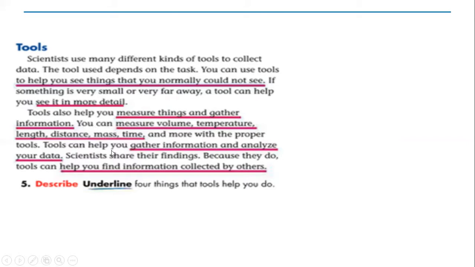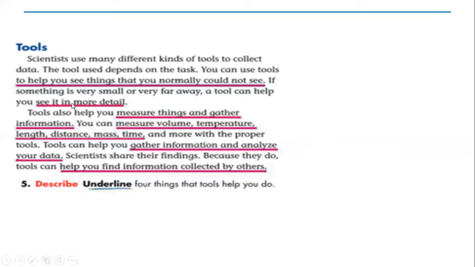Tools can help you gather information and analyze your data. Help you find information collected by others. So again, help you see things you normally could not see, by hand lens or by microscope.